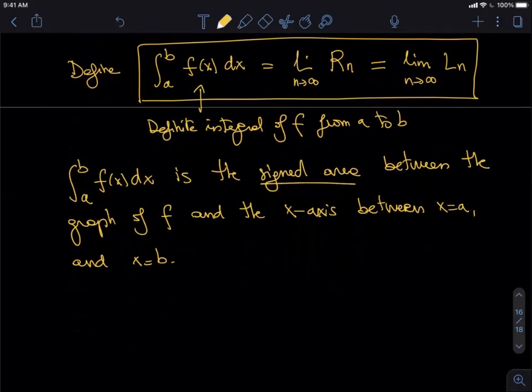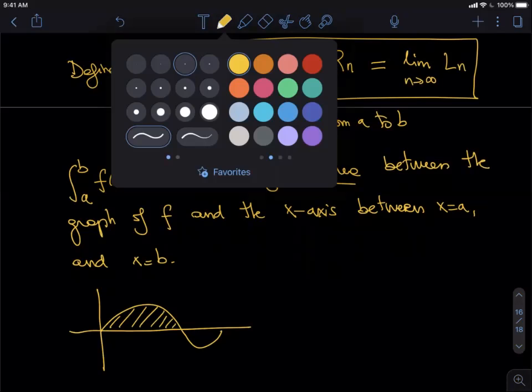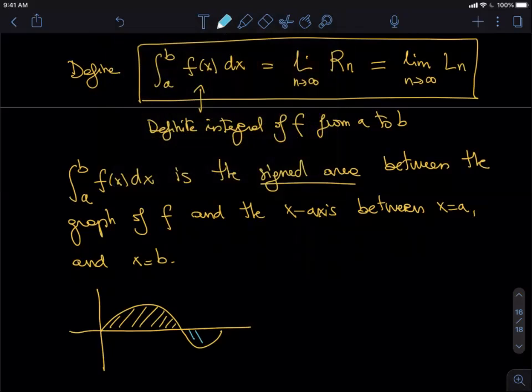So this is important to keep in mind, because whenever we have a function f that changes sign, it will be very important to take into account that the sign matters.